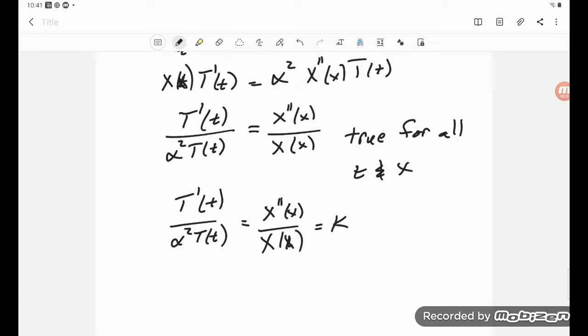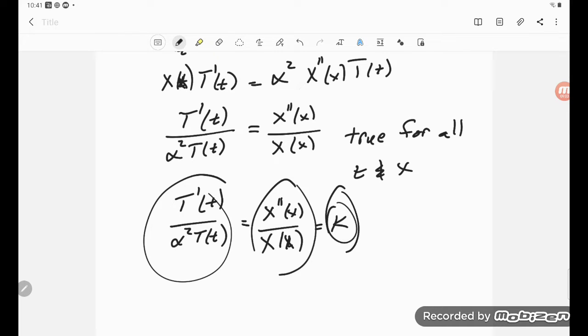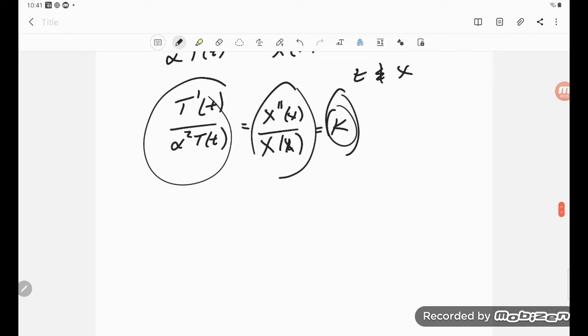And so now if we take each of these, we'll take this with the k, and then we'll take that with the k. And if we do that, I can multiply both sides by the alpha squared t times the k and bring that over. So I get, well, I guess I'll do it like the book does.